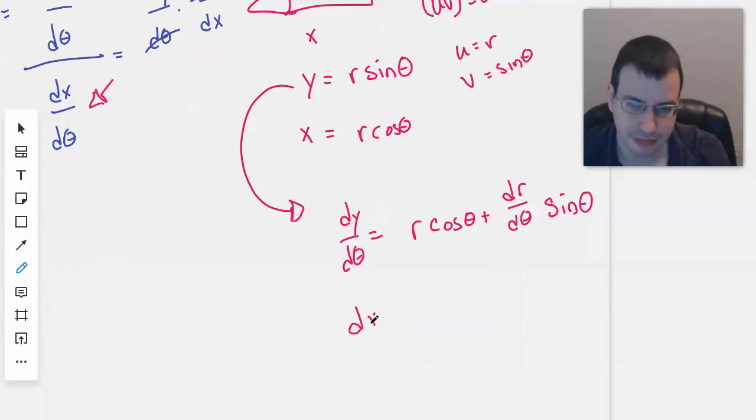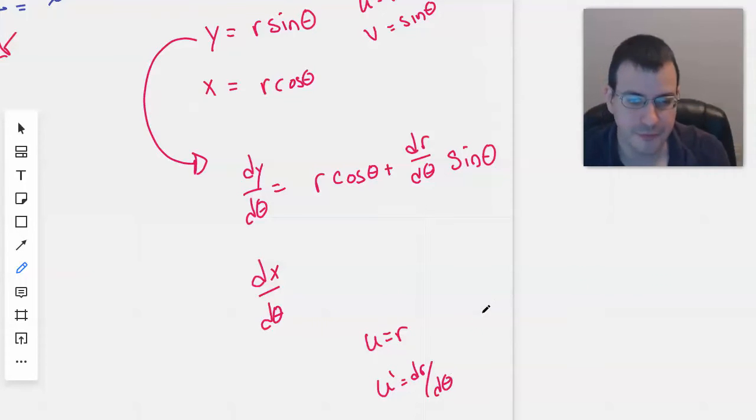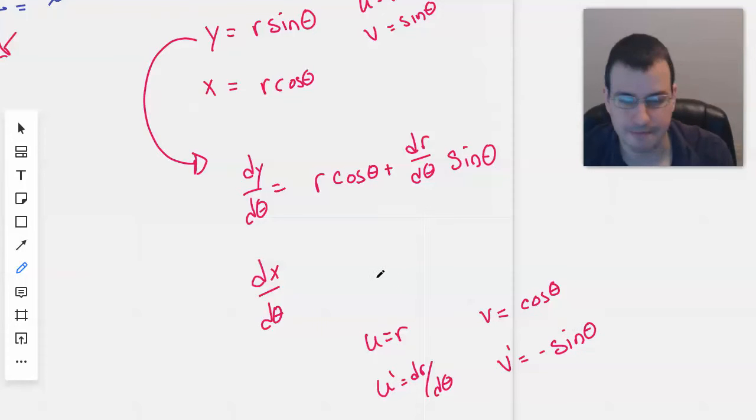Now dx/d theta, we'll do this one a little bit more formally. We'll say that u equals r, u prime equals dr/d theta, v equals cosine theta, v prime equals negative sine theta.